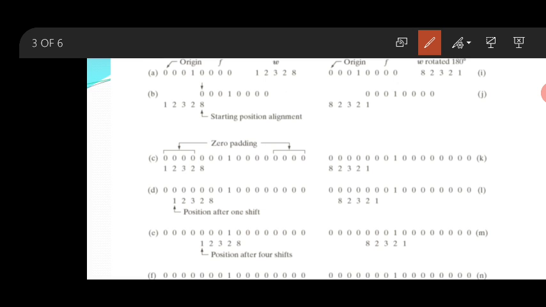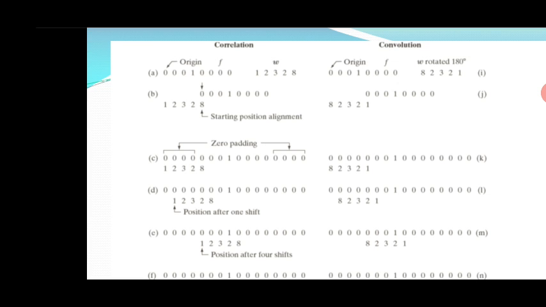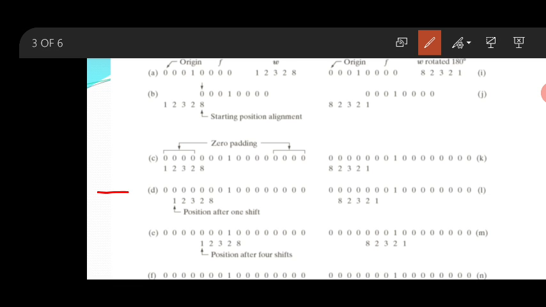Now we call it the first step of the correlation. How do the data bits come into the picture? Now what we have to do is shift 1 bit right. This is the shifted bit.